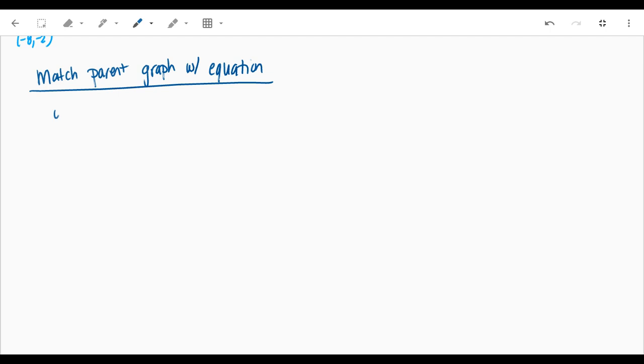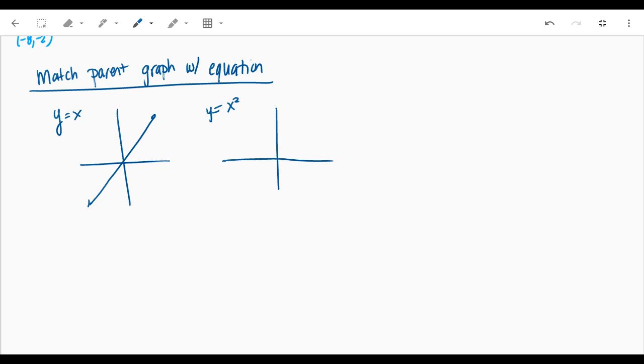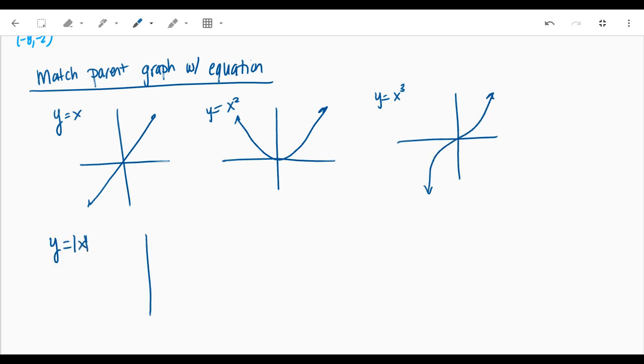All right, so we have some of your parent graphs. y equals x, which is linear. y equals x squared, which is quadratic. y equals x cubed, cubic function. y equals the absolute value of x, which is the absolute value function.